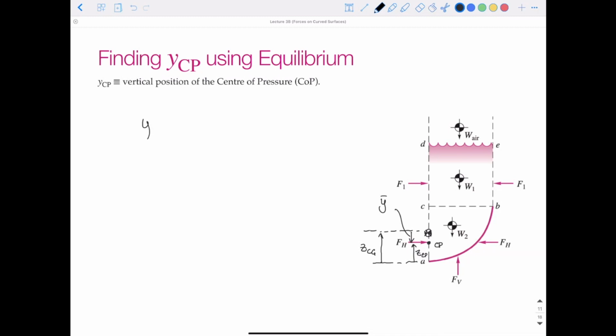So we know Y bar from before is equal to negative gamma, negative specific weight, times Ixx, divided by pressure at the center of gravity times area of AC. This had a sine theta in it before, but if we're looking just at the vertical plane or the horizontal projection, then that sine theta is 90 degrees, so sine theta is just 1. So we can get rid of that.